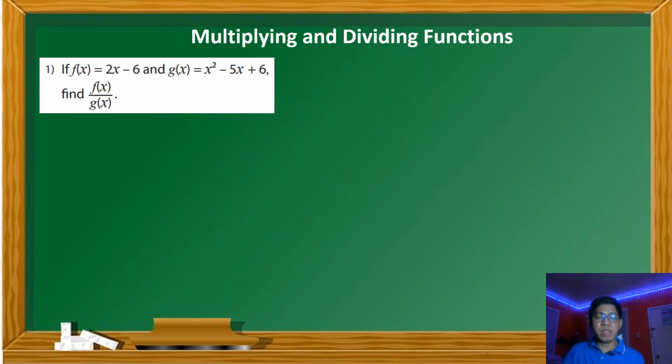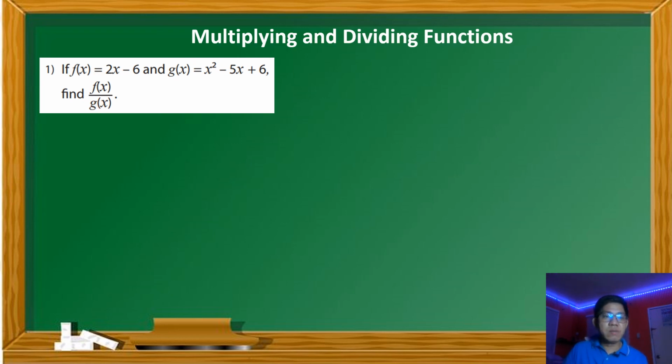Now, let us proceed on dividing functions. So, example number 2, if f of x is equal to 2x minus 6 and g of x is equal to x squared minus 5x plus 6, we're going to find f of x divided by g of x.